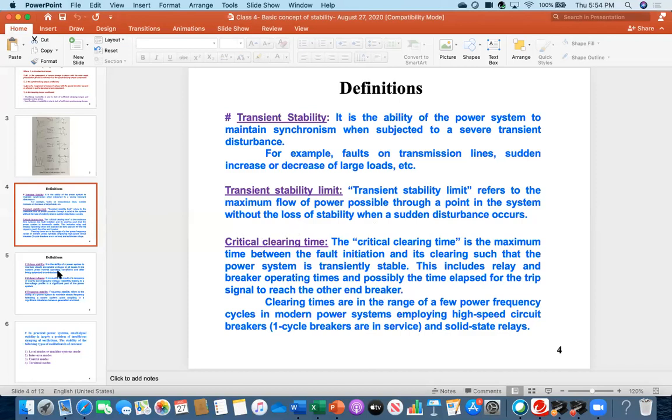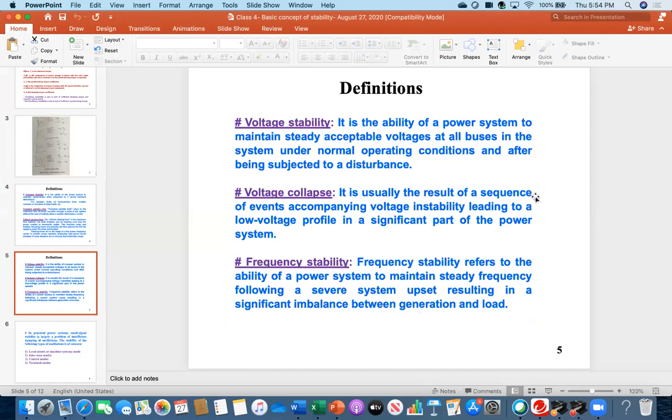Now moving forward, a couple of standard definitions. Voltage stability: what does that mean? Voltage stability is the ability of a power system to maintain steady acceptable voltage at all buses in the system under normal operating conditions and after being subjected to a disturbance.